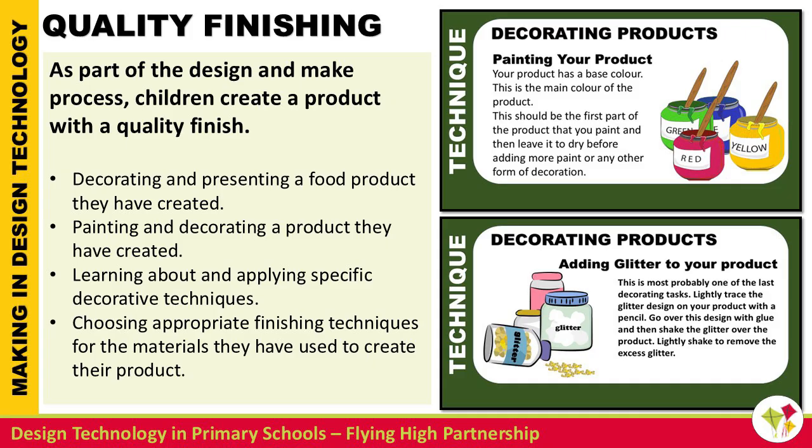Initially taught as a focused task or a guided activity, these techniques are then applied by the children to their own product as they are making it. It can be as simple as deciding on a base colour for the product, painting it, leaving it to dry before adding the final detail, or it can be about teaching a specific decorating skill such as adding glitter to a product.